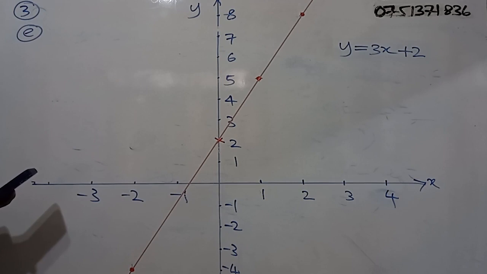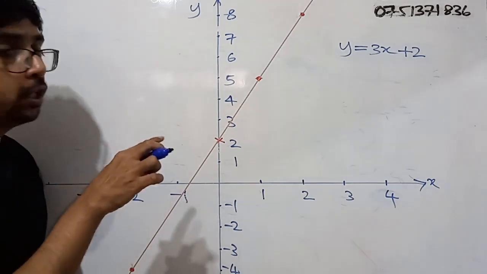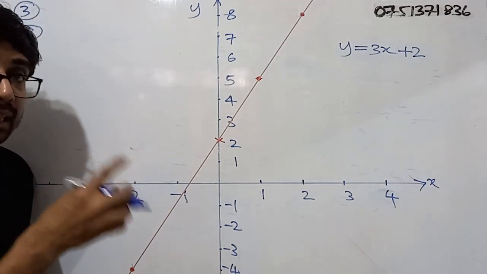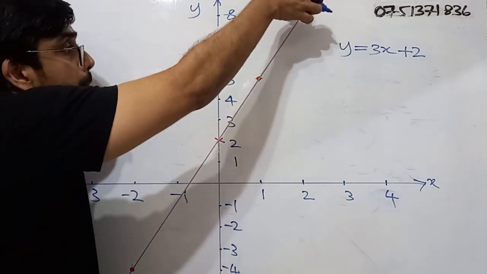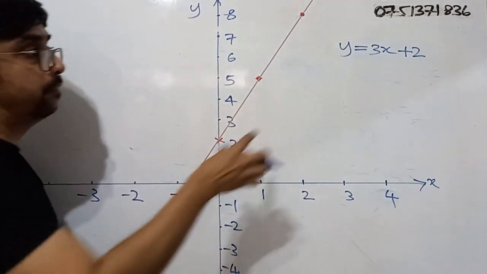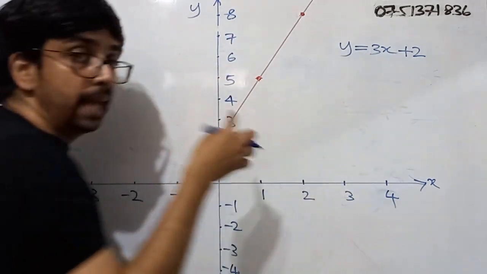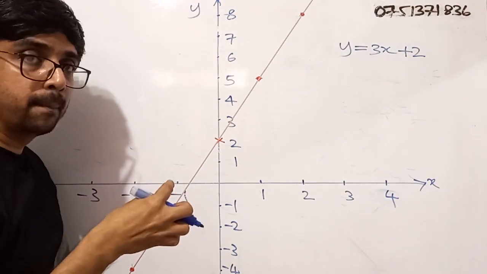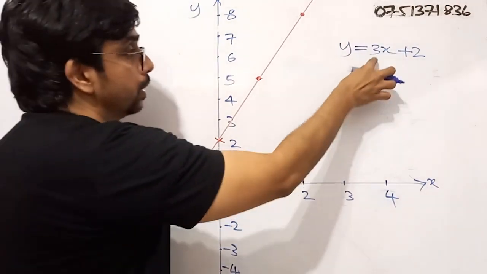Sub-question E. Write the equation of the straight line which is parallel to the line y equals 3x plus 2 and which passes through the origin. In order for another straight line to be parallel to this line, that line must have the same gradient.